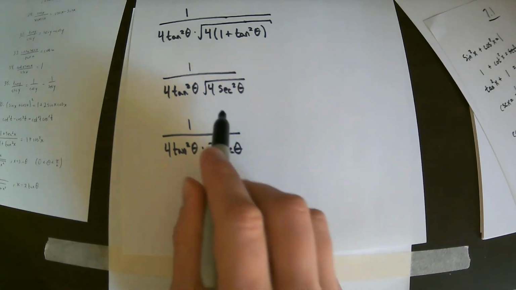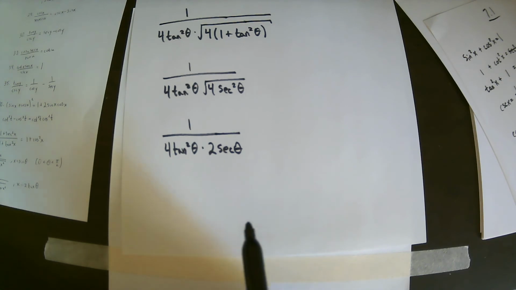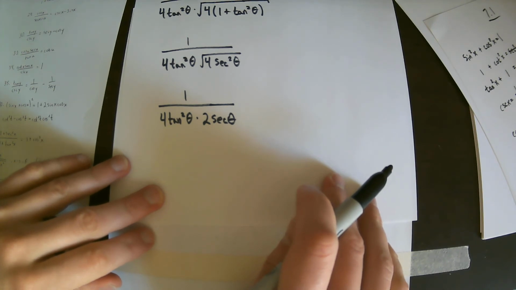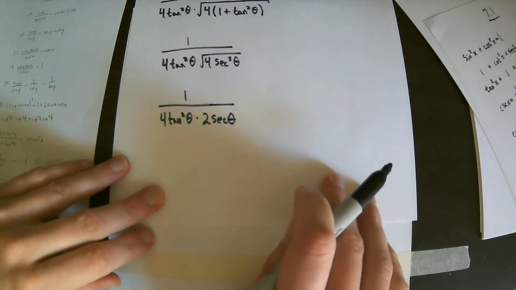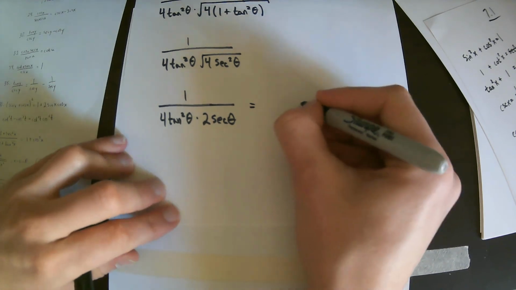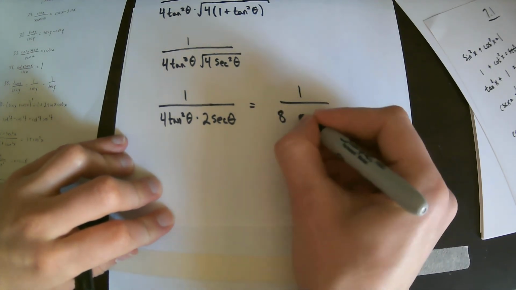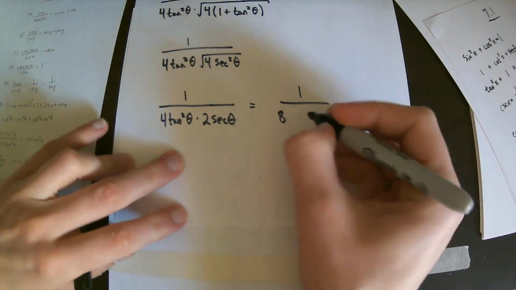Applying the square root there, taking the square root of 4 and secant squared. And then, yeah, I guess we can write everything in terms of sines and cosines, just to do any last canceling that we can do. 4 times 2 is 8.